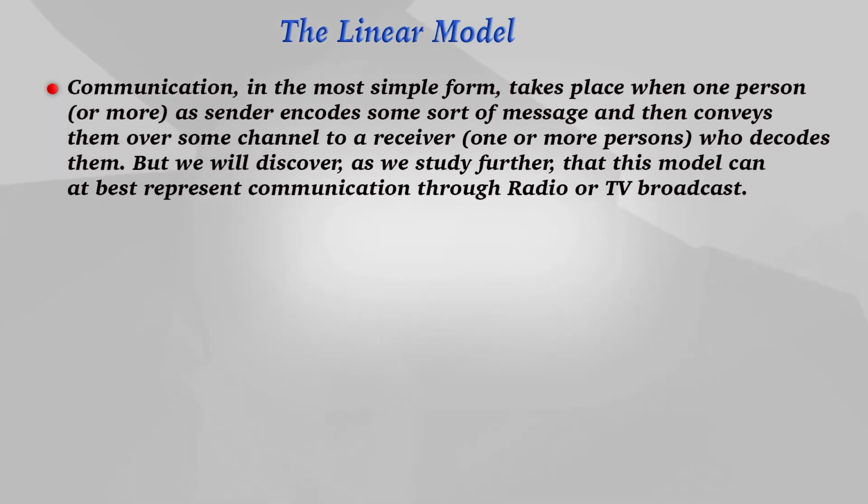We will see as we study that this model can best represent communication through radio or TV broadcast. The early communication model was developed by telecommunication engineers who viewed communication as a transmission of a coded message over a telegraph line. Now let us try and understand the basic elements of the linear model.